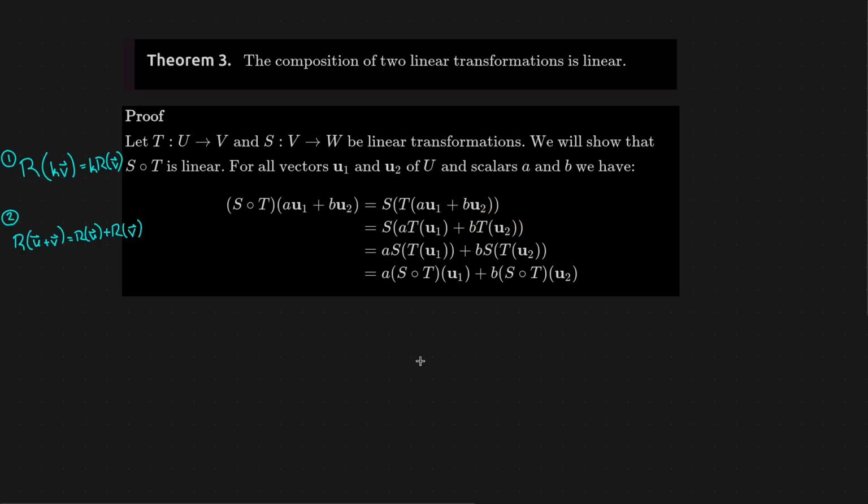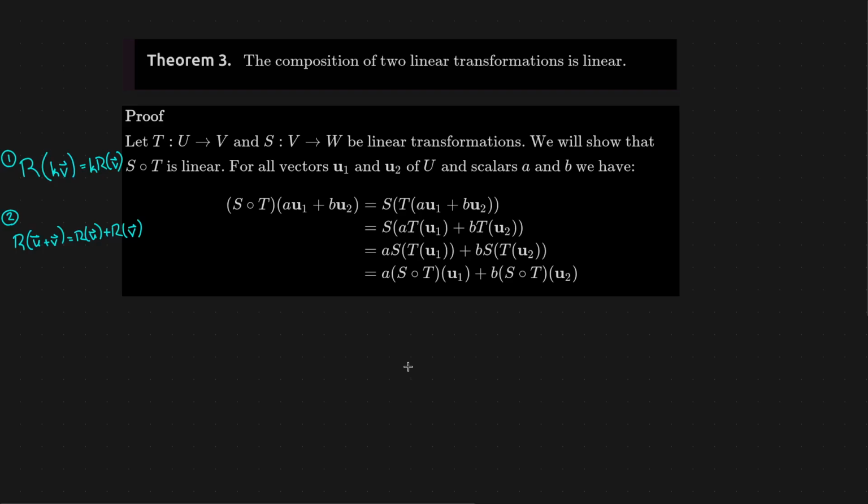Because we're plugging a linear combination into a linear transformation, we can do the same thing again: split up the linear combination over addition and pull out the scalar multiples. Then S of T of U1 is just the composition of S and T with U1 plugged in, and S of T of U2 is just the composition of S and T with U2 plugged in. And so we were able to pull out the scalars and split over addition. What we've done is check both these conditions at once.